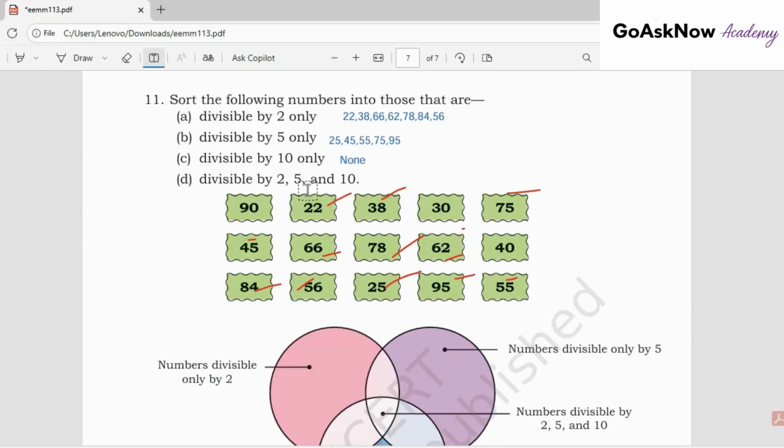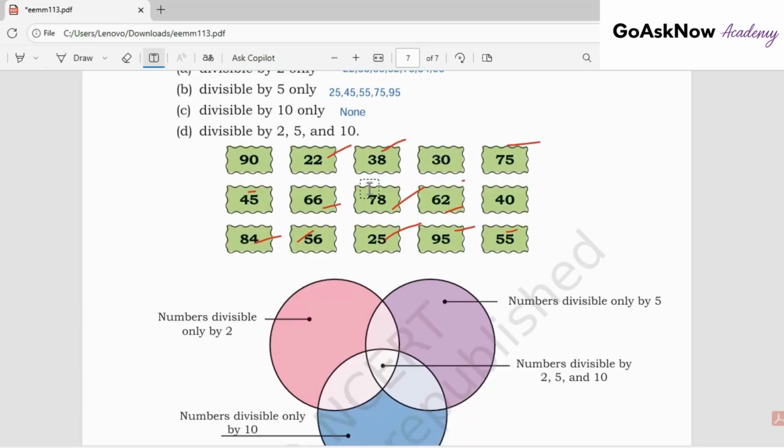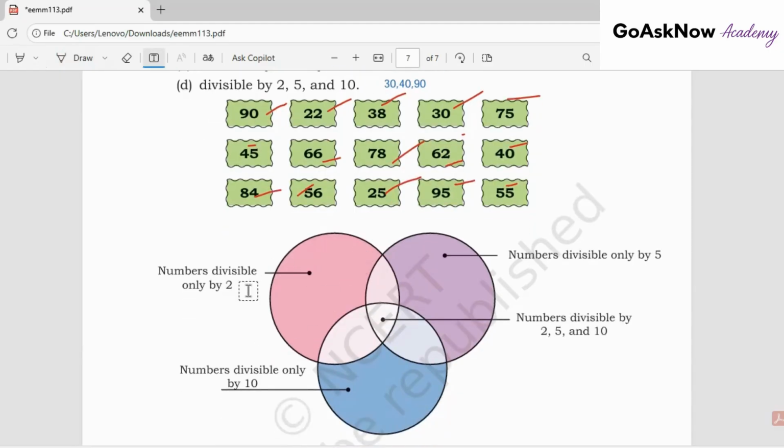Then divisible by 2, 5, 10: we check for numbers that end with 0 and are divisible by 2 and 5. The answer will be 30, 40 and 90.